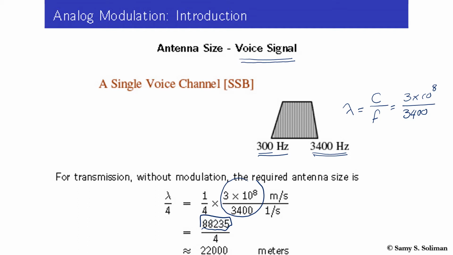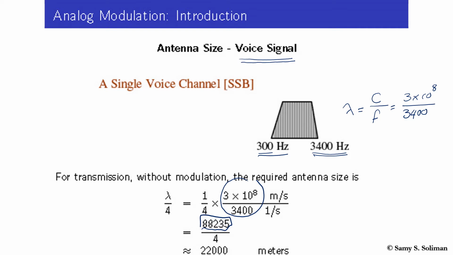Of course, it would not be practical to have an antenna whose dimension, whose length, is 22 kilometers. You might need to consider that we need an antenna in wireless communication, in which the transmitter or the receiver or even both are mobile.